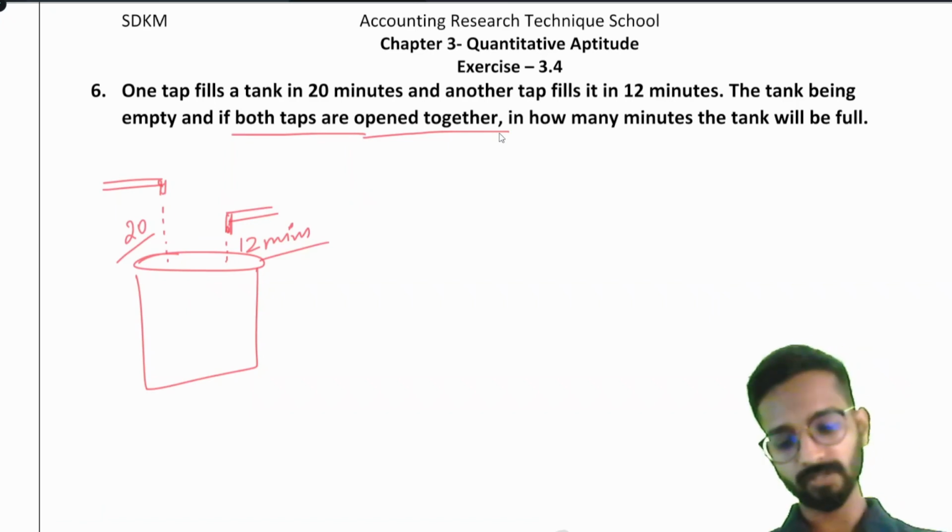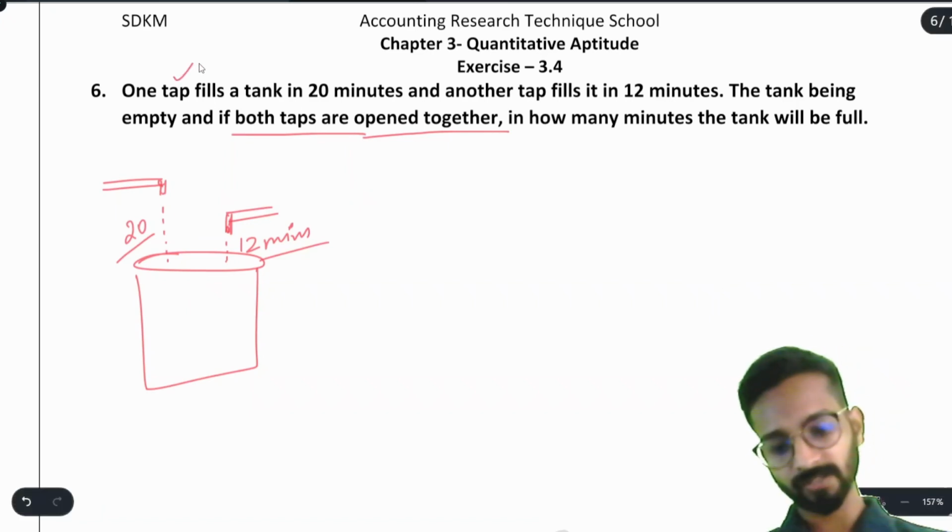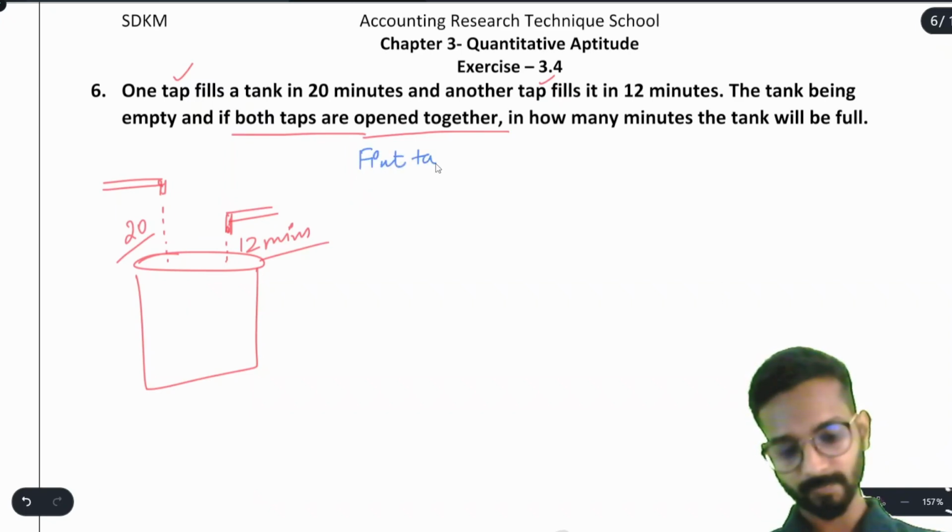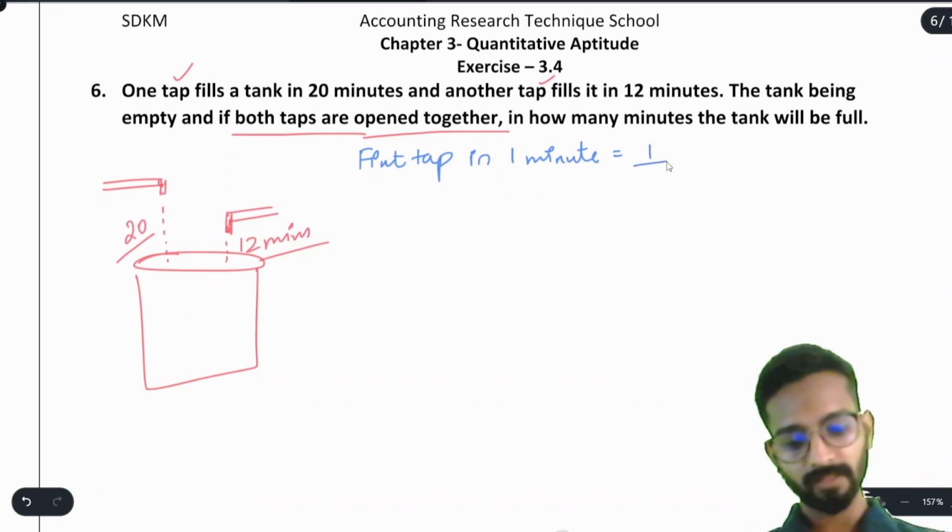The same thing. Now see, I will say this is the first tap and this is the second tap. Let's see. For the first tap, in 1 minute, how much of the tank can they fill? They can fill 1 by 20th of the tank.